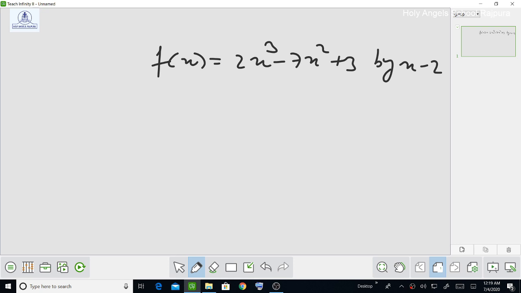As I have explained in the previous question, x minus 2 is equal to 0, x is equal to 2.